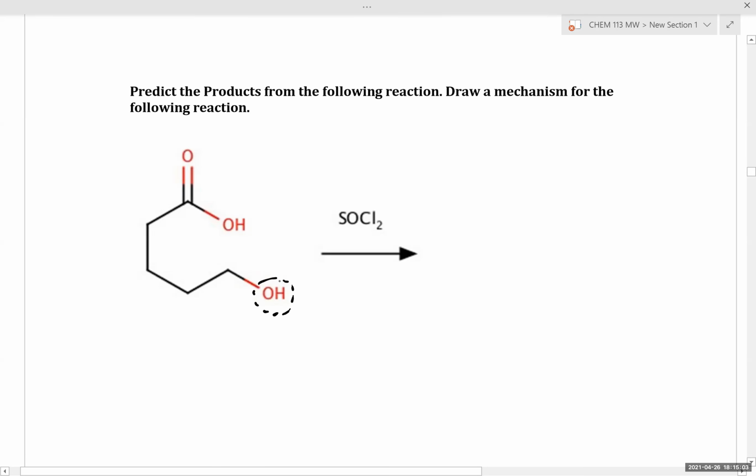If we had to compare an alcohol to chloride, which of these two species is a better nucleophile? An alcohol or chloride?